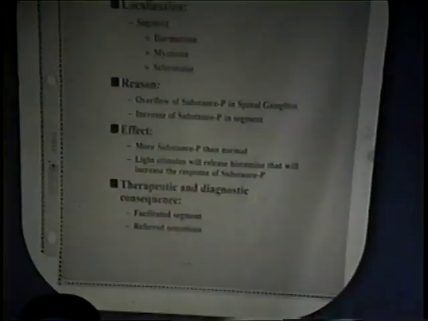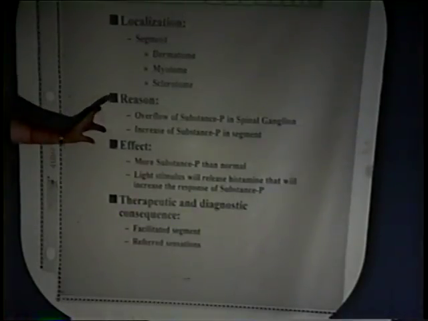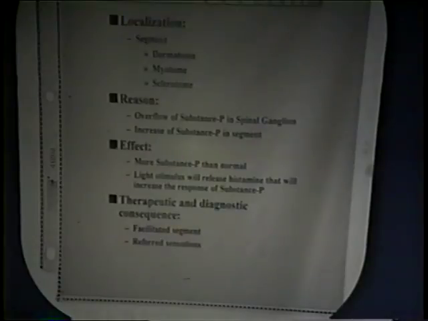A light stimulus will release histamine that will increase the response of substance P. So what it says is if we have skin, and we touch that with a pinwheel, normally it will give a reddened response. Perhaps because we have more substance P in that segment, if we use the pinwheel, histamine will be released, and the substance P is more, and it will give a bigger reaction.